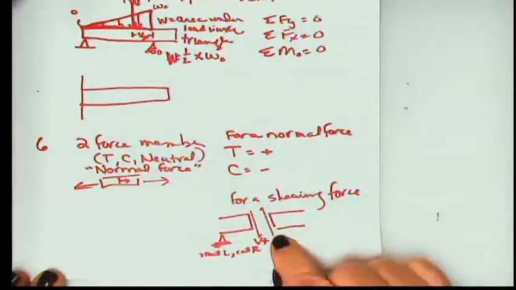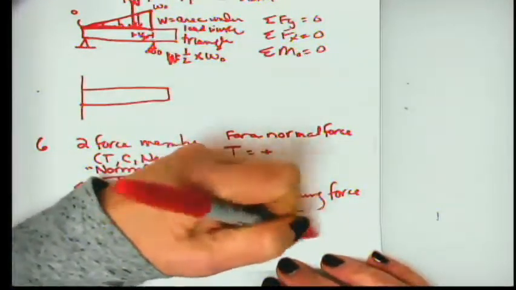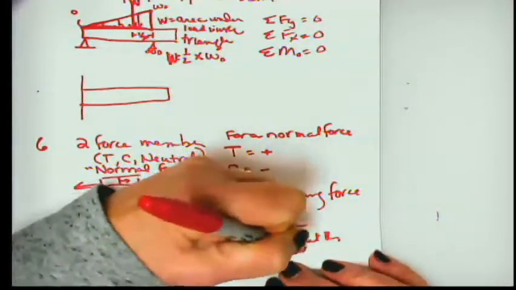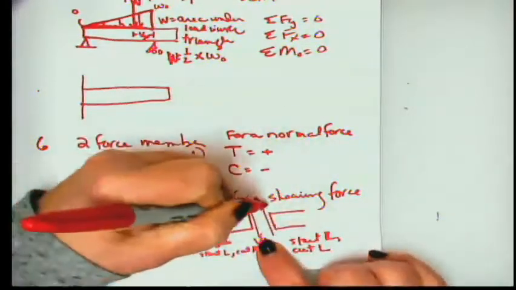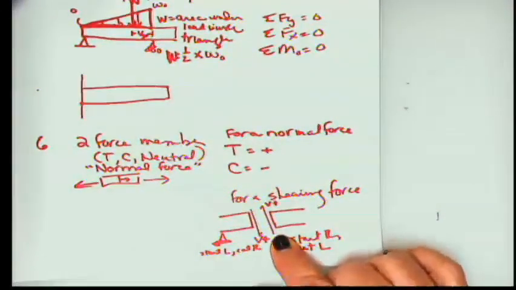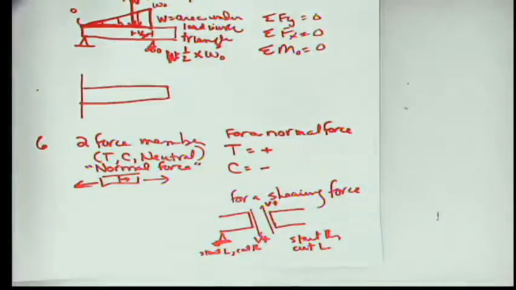Okay? Because it's exactly the same, just looking at it from a different angle, if you start on the right, cut on the left, this V up is positive. All right? So what that means is that it doesn't have the same sort of meaning as tension and compression. It has a little bit different.